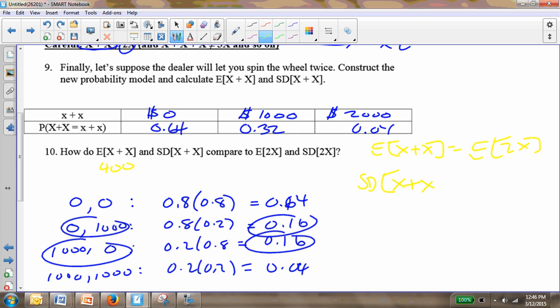The standard deviation of x plus x does not equal the standard deviation of 2x. The standard deviation of 2x was 2 times the standard deviation of x, so 400 times 2 was 800. This actually ends up being 400 radical 2 for the standard deviation of x plus x. So when you did this, hopefully you got something around $565.7.